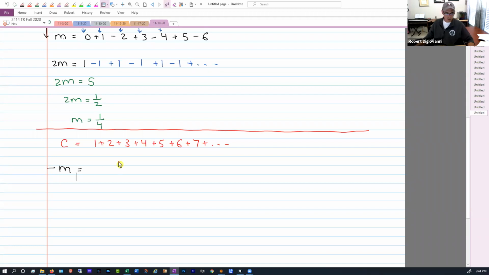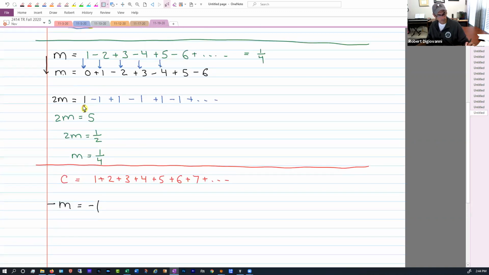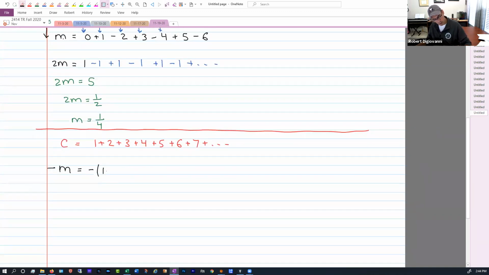So what would happen if you subtract M? What's M? M was 1 minus 2 plus 3 minus 4 plus 5 minus 6, right? So let's go ahead and do this. I'm going to do these kind of vertically. What would happen if I took 1 and then I subtracted 1?